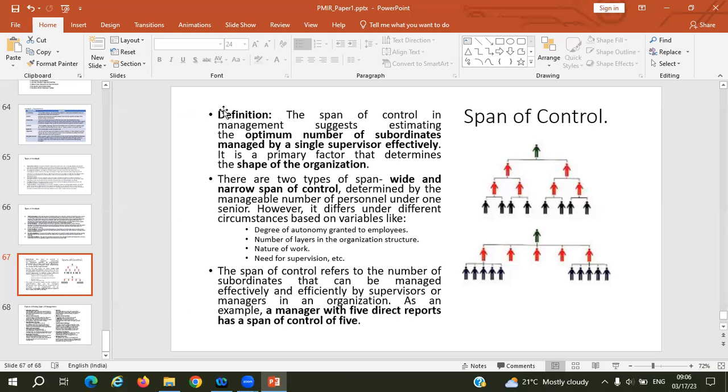There are a couple of definitions given on the screen. We'll read those, then you can understand. First thing, we'll read those definitions.